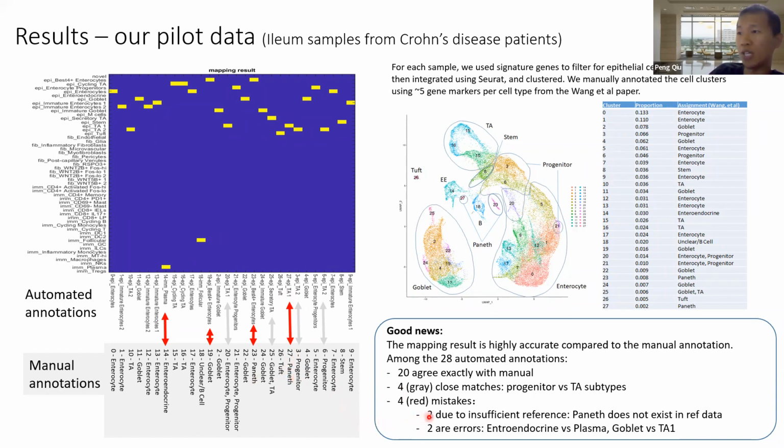So the failure of these 2 is because the reference dataset is not good enough. And for the other 2 errors here, I don't have a good excuse to explain them. So those are honest mismatches between the automated algorithm and manual annotation.